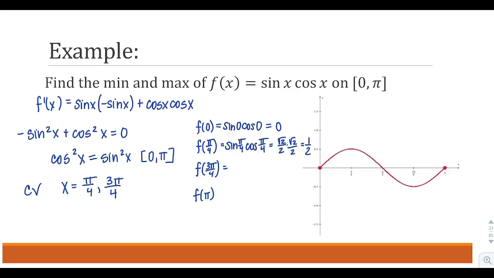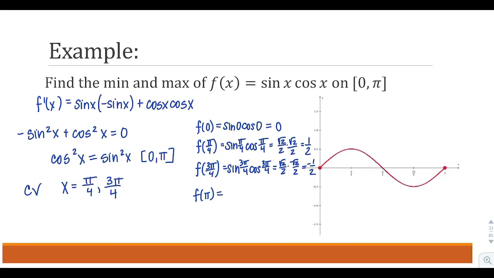F of 3 pi over 4 is sine of 3 pi over 4, cosine of 3 pi over 4. Now, one's positive and one's negative, so we have sine of 3 pi over 4 is positive rad 2 over 2, and cosine, the x value, would be negative rad 2 over 2, so we have negative 1/2.